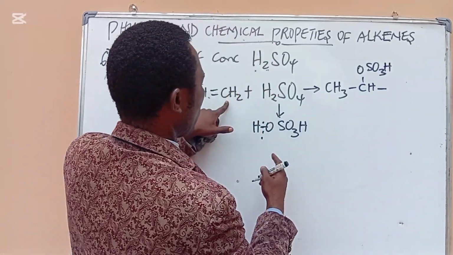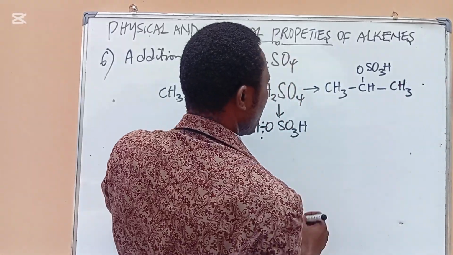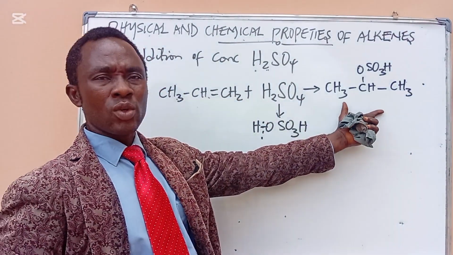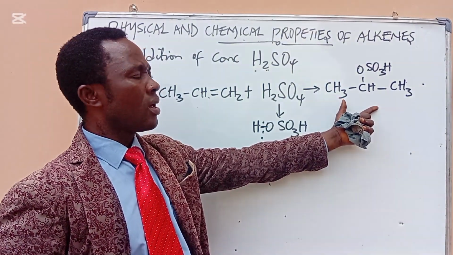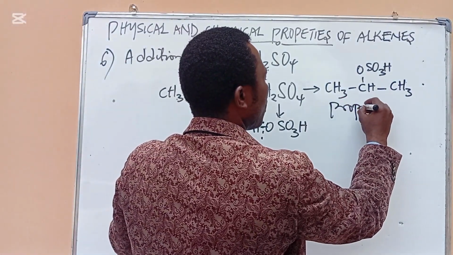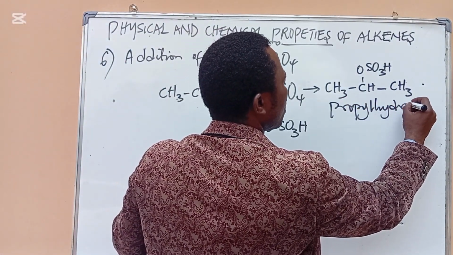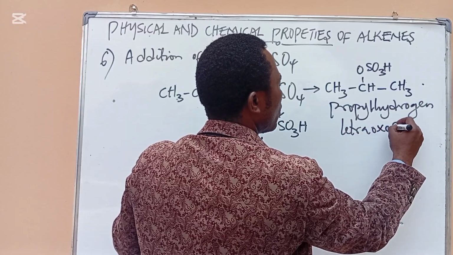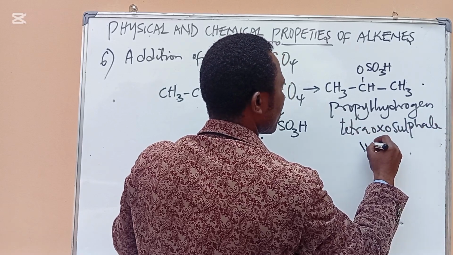Then here, when hydrogen adds to this place, we have CH3. So this compound is an alkyl hydrogen tetraoxosulfate(VI). This is propyl hydrogen tetraoxosulfate(VI).